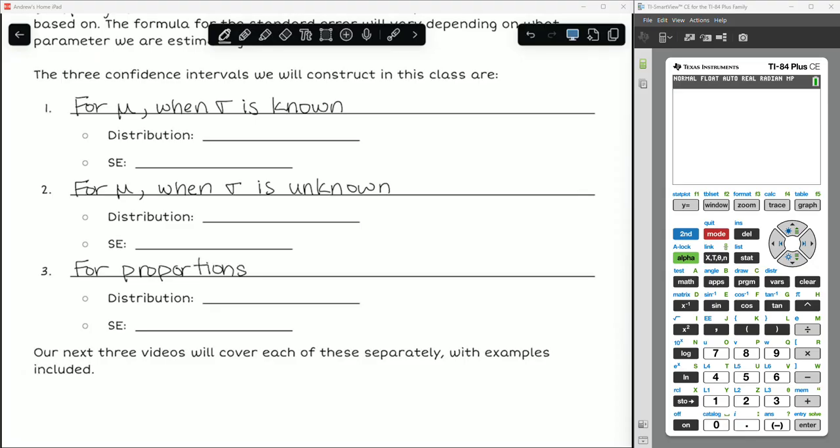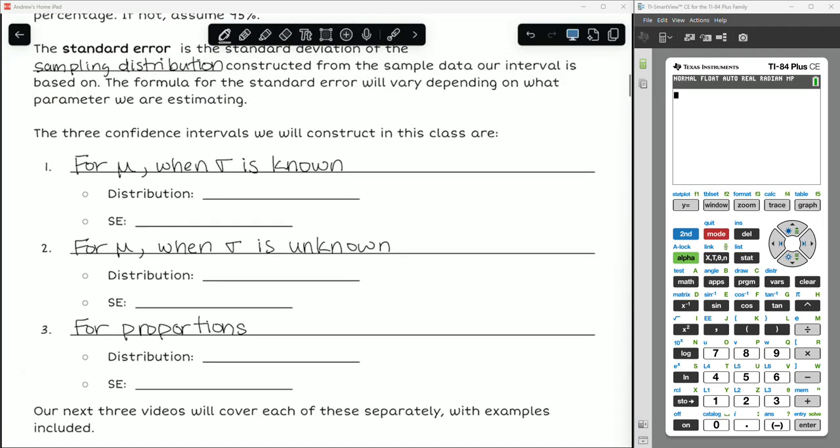And remember, proportions are percentages. We saw them when we talked about the binomial distribution. 62% of voters voted yes on a most recent proposition, right? 83% of students at Rancho San Juan are involved in extracurricular activities. It's a percentage of people that either fall in a yes category or a no category. Each of these has their own distribution and their own standard error.